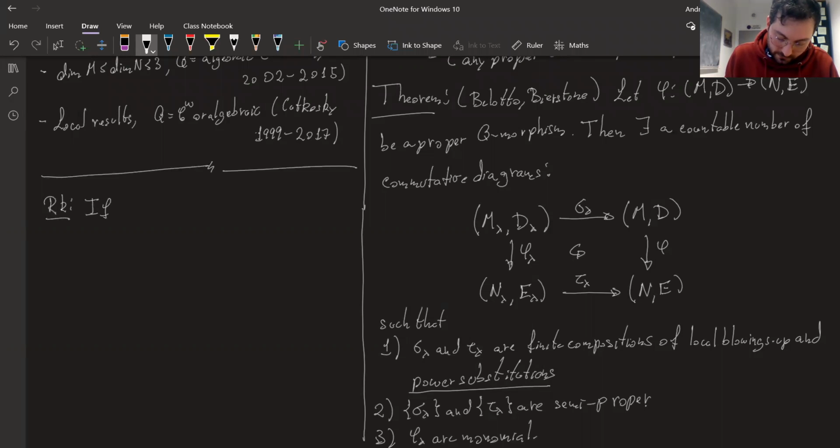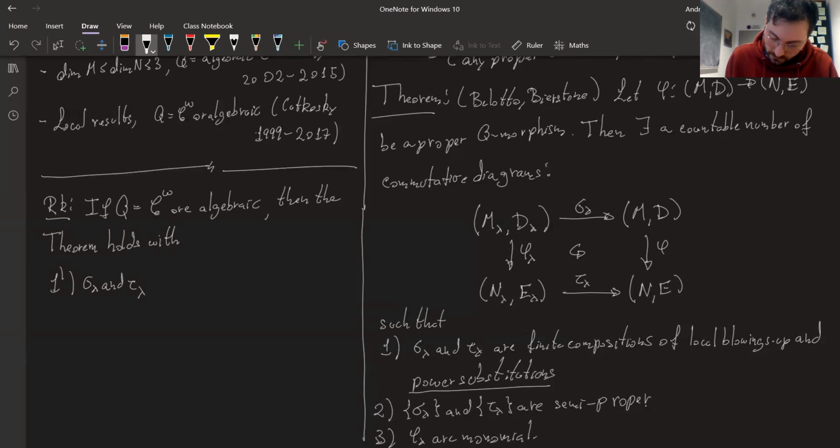If the quasi-analytic class Q is equal to the analytic or algebraic, then the theorem holds with actually one lambda, just as we did in the other. Well, no, we did it a little bit different, right? It was combinatorial blowing up before. Now our finite compositions of local blowing up.